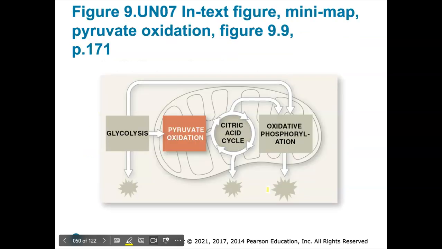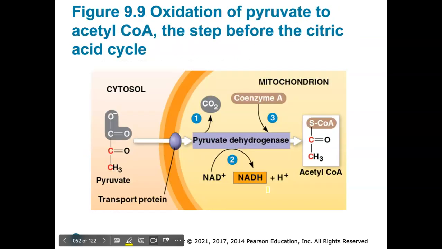Well, I don't see that it tells you, but it's showing you here what a molecule of pyruvate looks like. See, it has 3 carbons. Pyruvate is going to be broken down, and each pyruvate is going to release 1 carbon dioxide. It's going to produce 1 NADH and 1 acetyl-CoA.